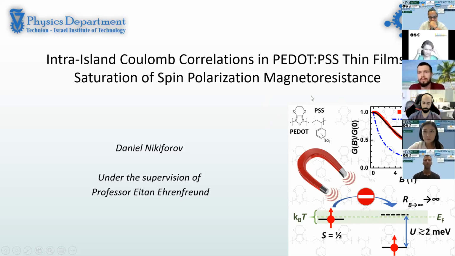In particular, in this talk, I will focus on a magnetoresistance mechanism that originates due to electron spin polarization in a physical system that has on-site Coulomb correlation, Coulomb correlations that split the electronic energy levels.